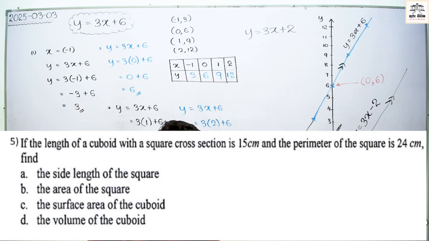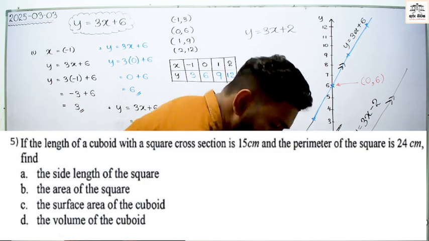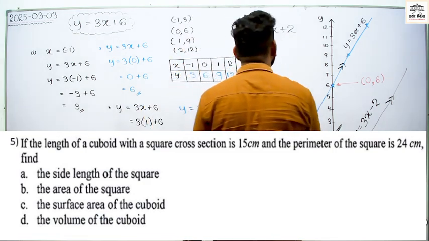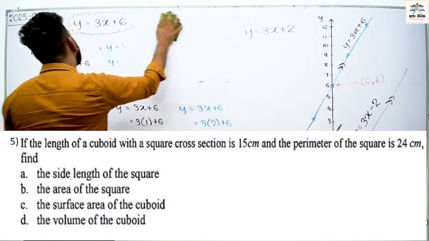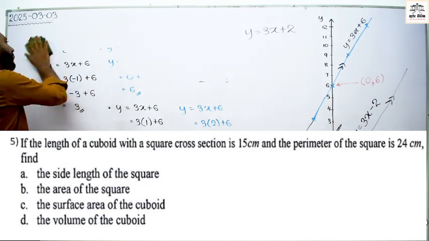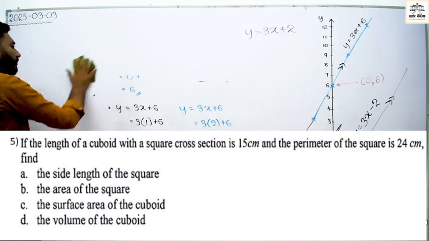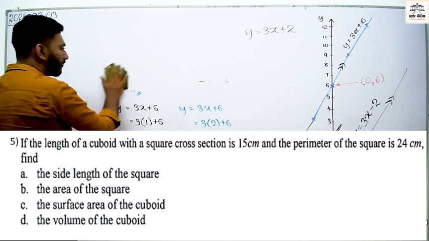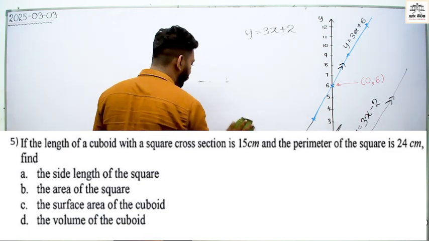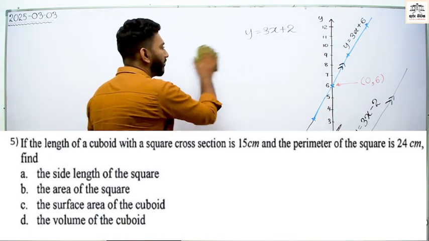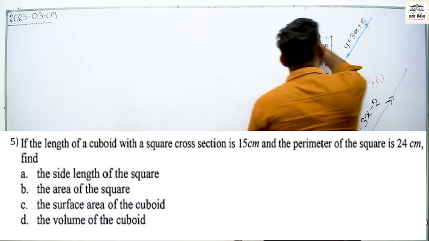Fifth question. Main question number 5. This one is a volume lesson. Volume is an important lesson in grade 9. It is a big lesson in grade 11 with logarithms, and 10 marks are allowed for that question in the 3-hour paper.